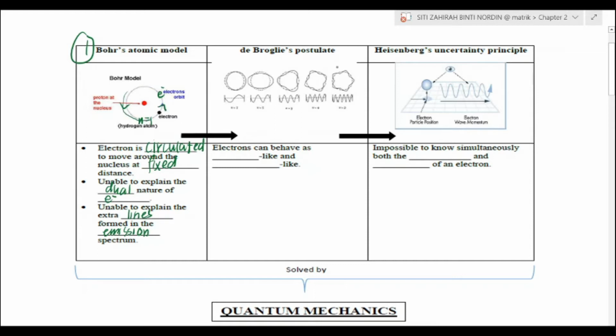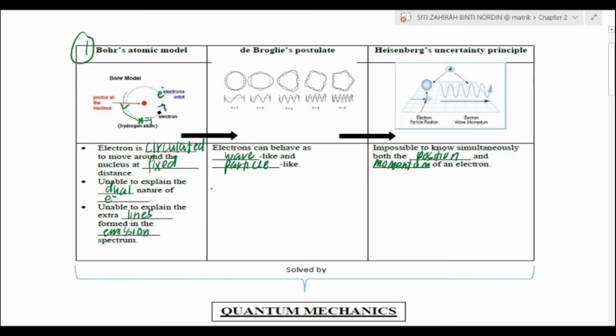And then comes de Broglie's postulate. De Broglie said that an electron can behave as wave-like and particle-like. This finding by de Broglie was further questioned using Heisenberg's uncertainty principle, because Heisenberg said that it is impossible to know simultaneously both the position and momentum of an electron.